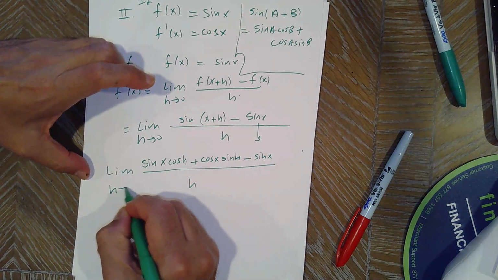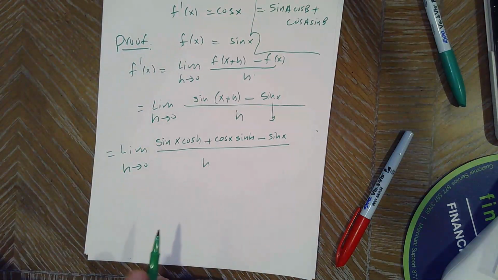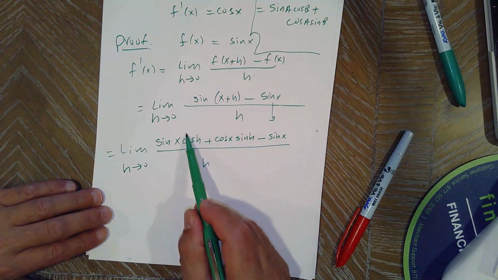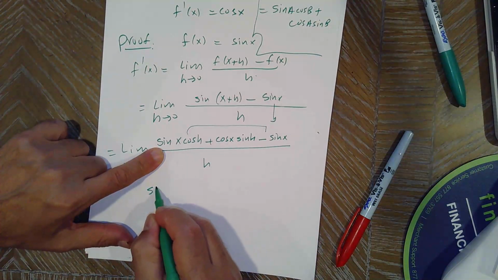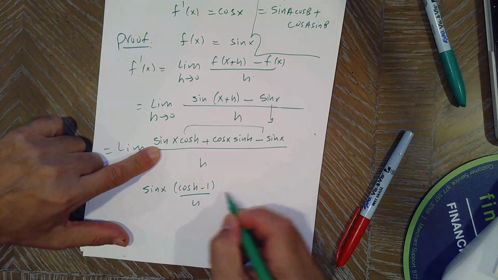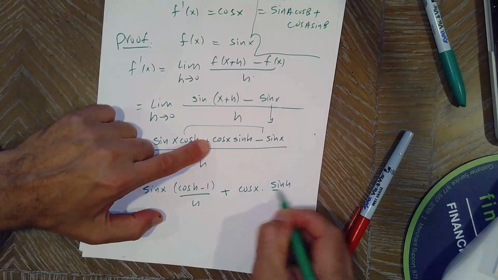And you will see now how important these rules that we did about limits are. So if you pull these two together, they have a common factor of sine x. So we have sine x times cosine h minus 1 over h, plus cosine x sine h over h.